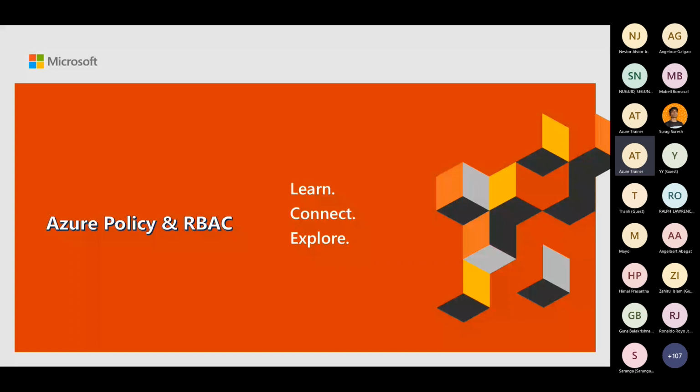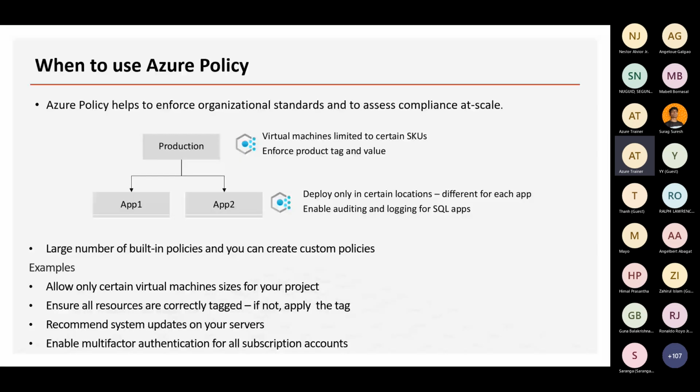Now, Azure policy is another topic we generally use in an organization, considered from a governance perspective. For example, you have an organization with multiple departments. I'm just taking this to a whiteboard.